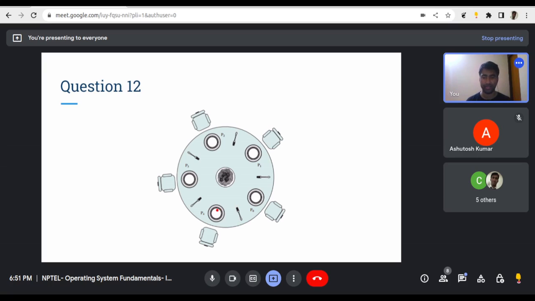But if instead of forks you have chopsticks, what happens in that case? In that case there is a requirement of shared resource and shared variable. So there comes the idea of the critical section problem.